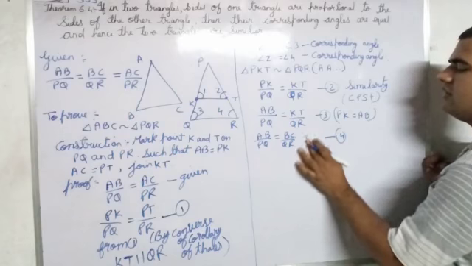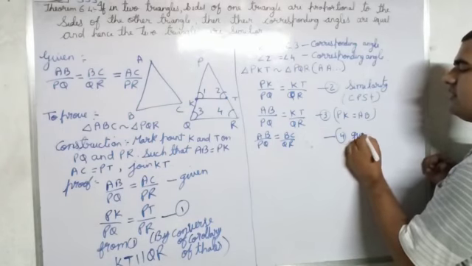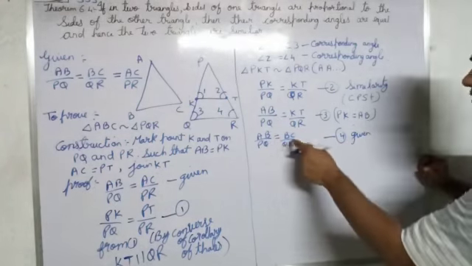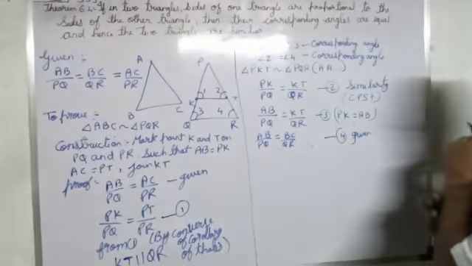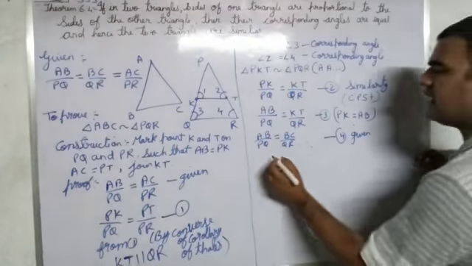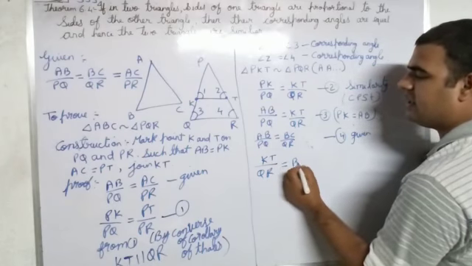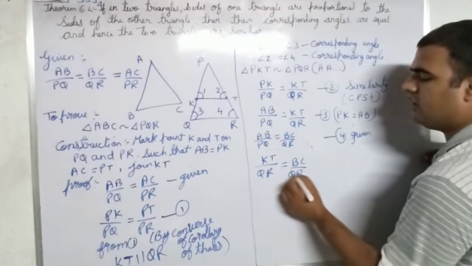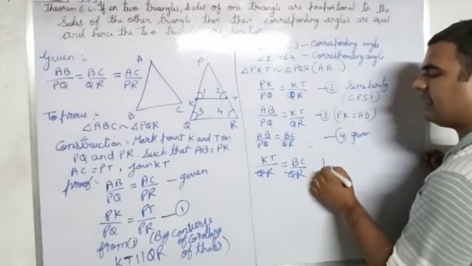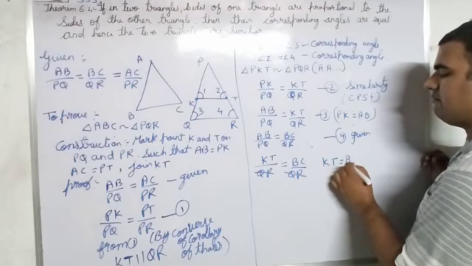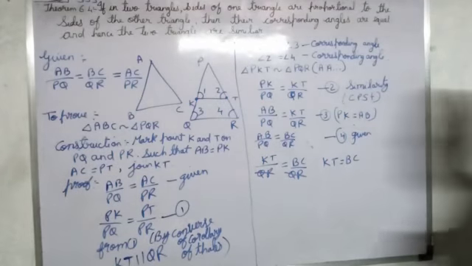Things which are equal to the same thing are equal to one another. So we can say KT upon QR equals BC upon QR. QR gets cancelled, you will get KT equals BC. Right?